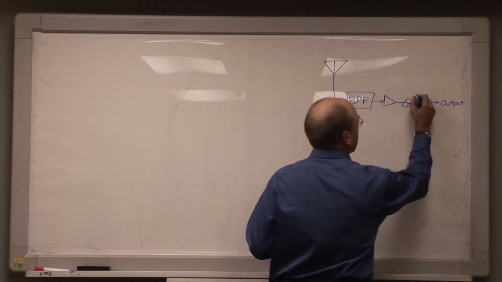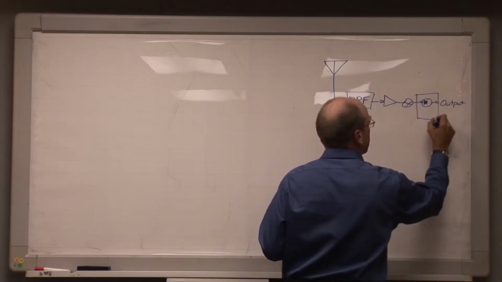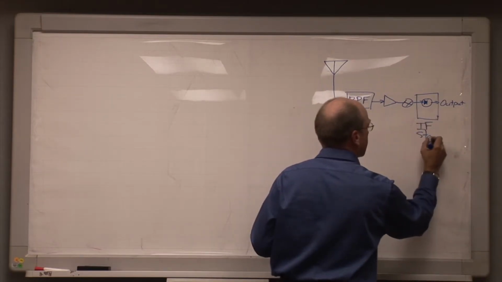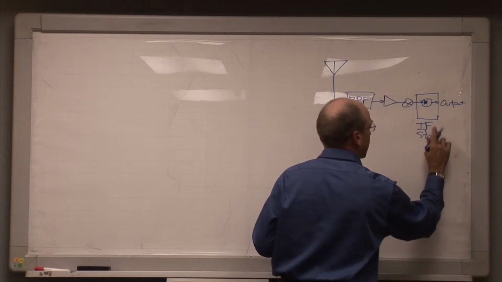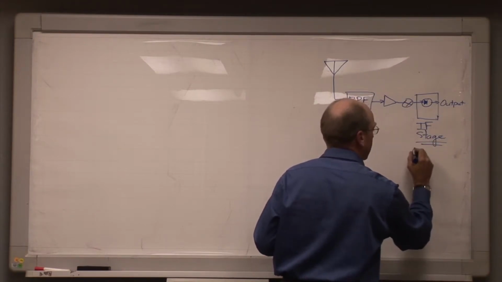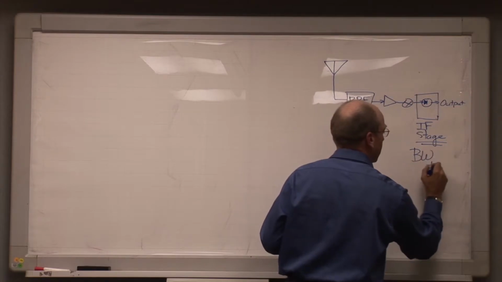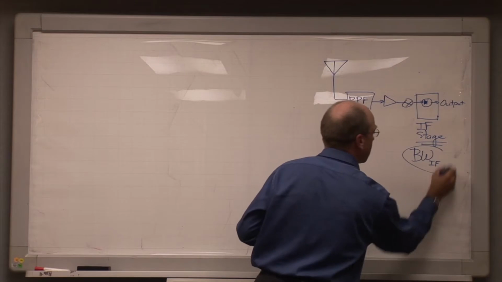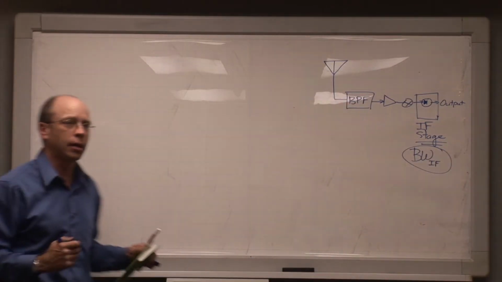And we would look at this system, and we look at its IF stage, and we identify the bandwidth of its IF stage. We need to know that bandwidth. We need to know if it's working in 10 kilohertz, 100 kilohertz, a megahertz.